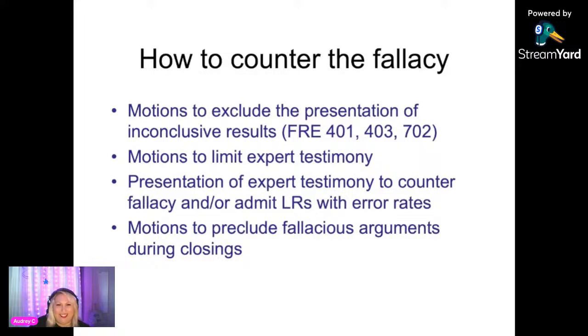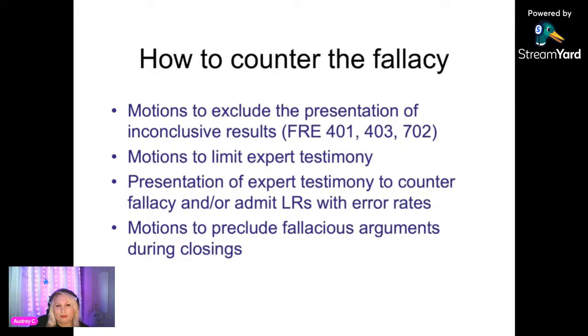In practice, attorneys should file motions to exclude the presentation of inconclusive results. Keep in mind Federal Rule of Evidence 702 that controls the admissibility of expert testimony. We already talked some about relevance objections. These objections are often rebutted with arguments that proper testing must be shown, otherwise the caliber of the investigation will be challenged, as explained in Supreme Court cases like Kyles versus Whitley.